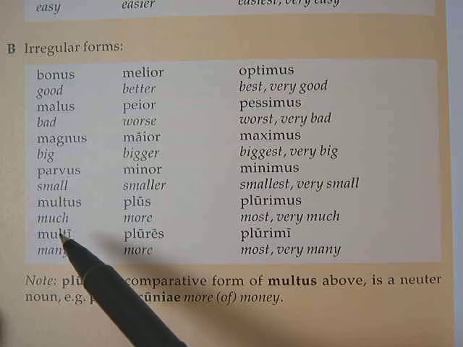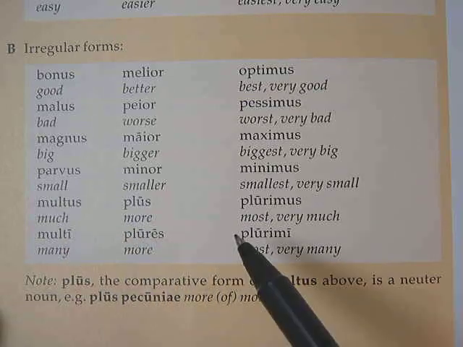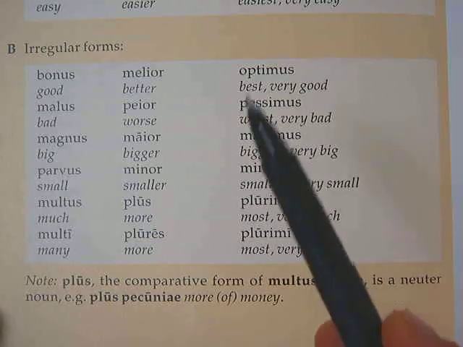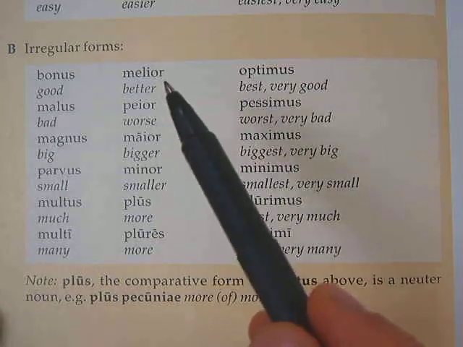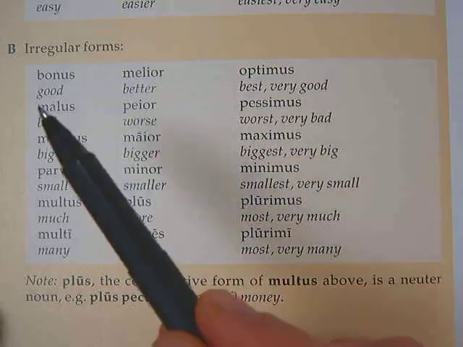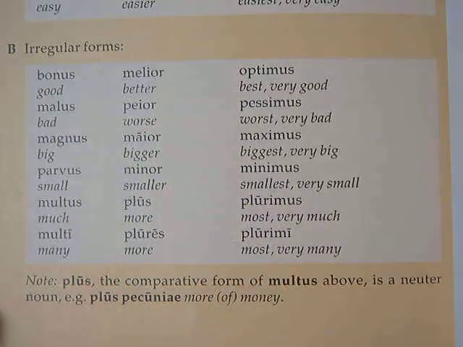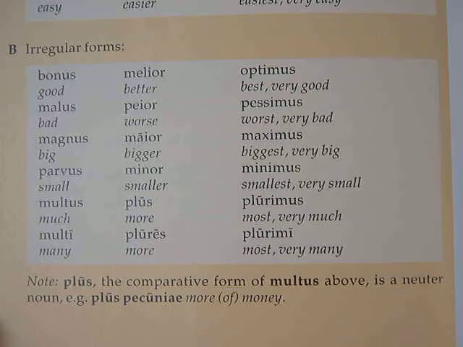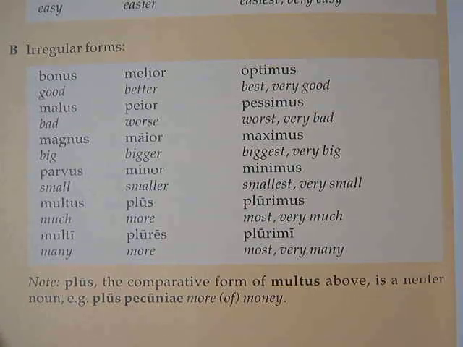And you just gotta know these. Magnus, maior, maximus, parvus, minor, minimus, multus, plus, plurimus, and multi, plures, and plurimi. And again, these are gonna follow first and second over here, third, and first and second. That's just how it always works.